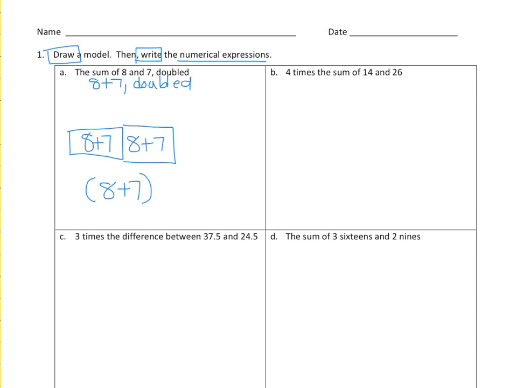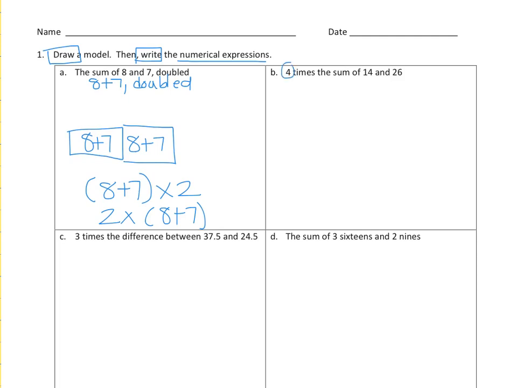So we could do add 8 plus 7 again, but we can also represent doubled by doing times 2. And this is our multiplication sentence, or actually we can write it in a different order. We can go 2 times parentheses 8 plus 7, as long as we do 8 plus 7 first, and we put the 2 times in front or in the back, it doesn't matter, we'll still get the same answer.